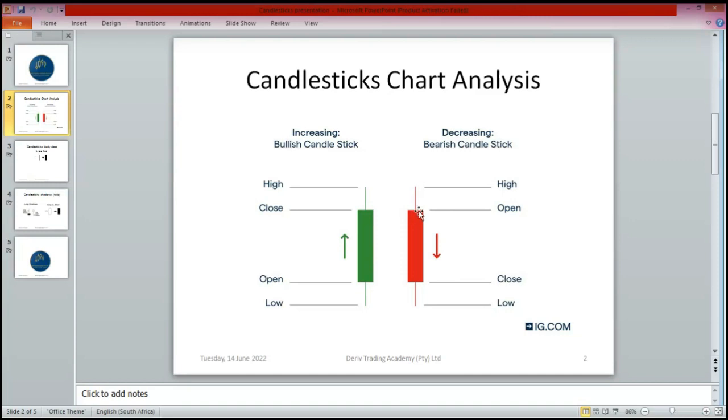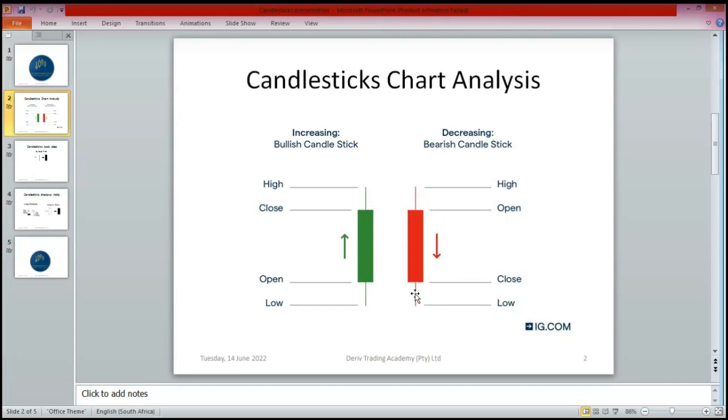From there, this was the new opening price, and it closed below that opening price. That means the market was decreasing. It is said to be a bearish candlestick.